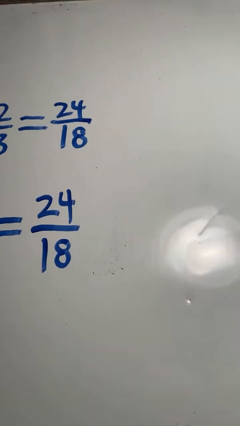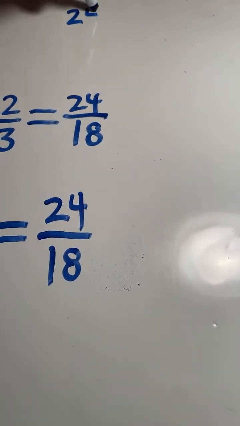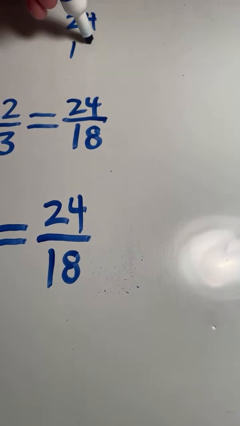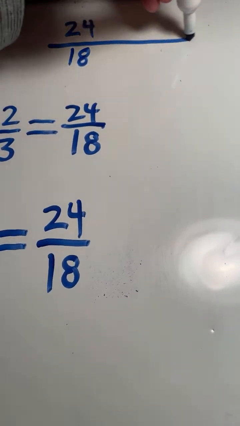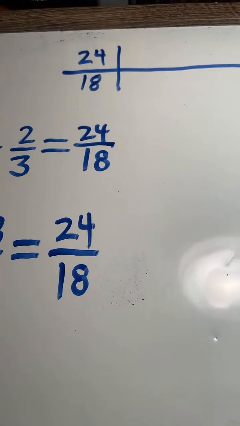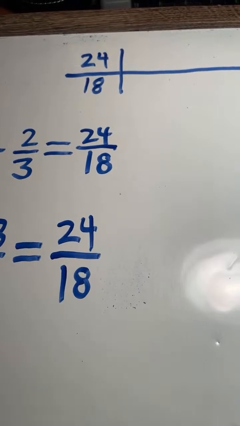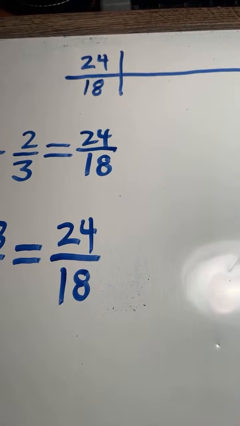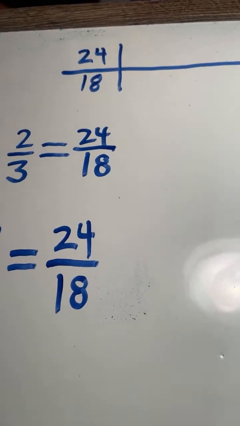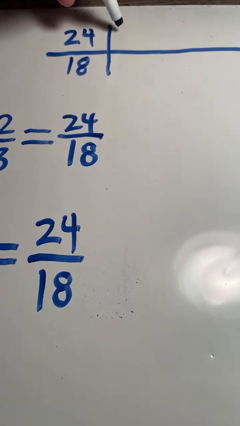So again, to reduce a fraction to lowest terms, we want to find the greatest common factor between the numerator and the denominator. So I'm going to list the factors of 24 and 18. We have to divide by the greatest common factor.